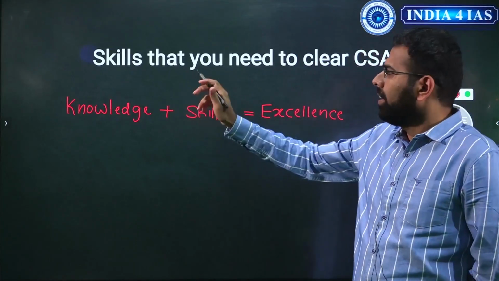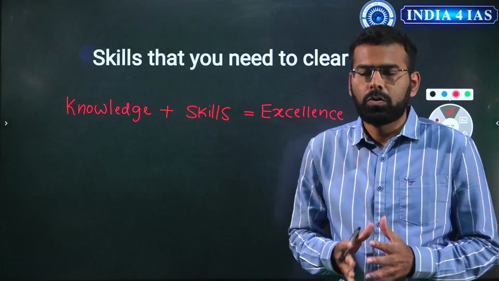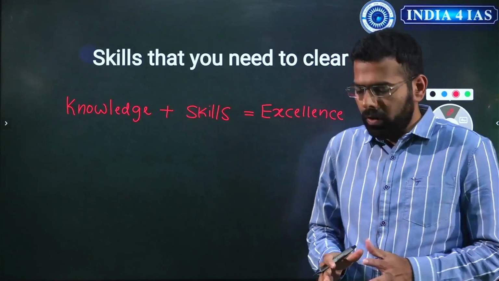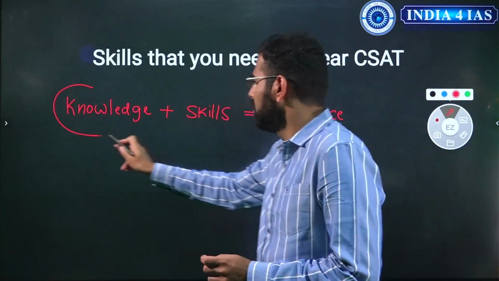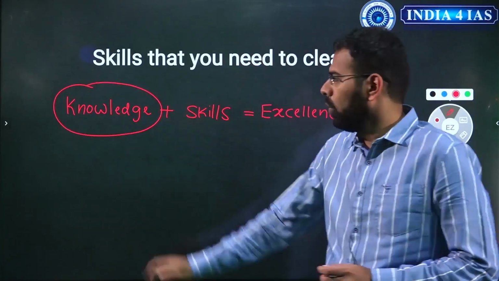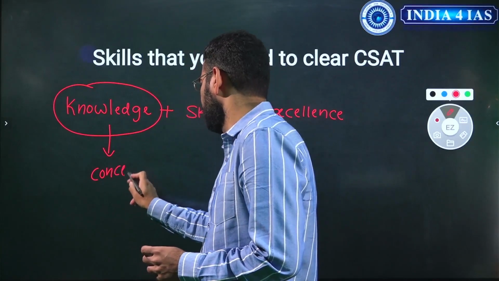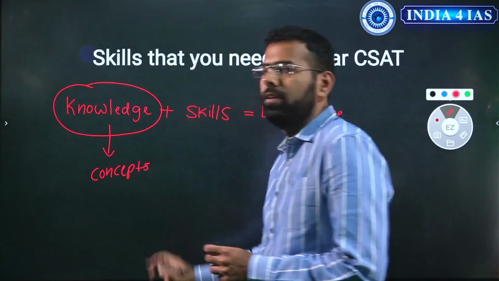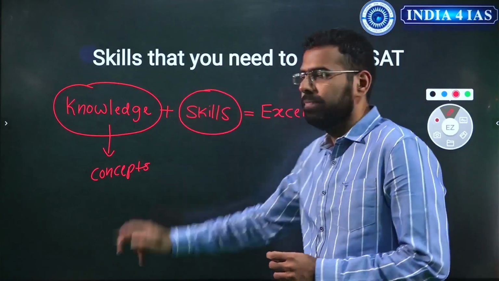Now, this is about the skills that you need to solve the questions in CSAT. I believe in UPSC generally, you need knowledge, the right knowledge, where you need to understand the concepts well, and the right skills also.